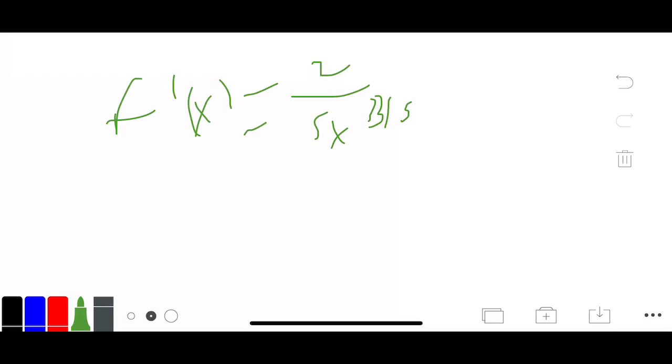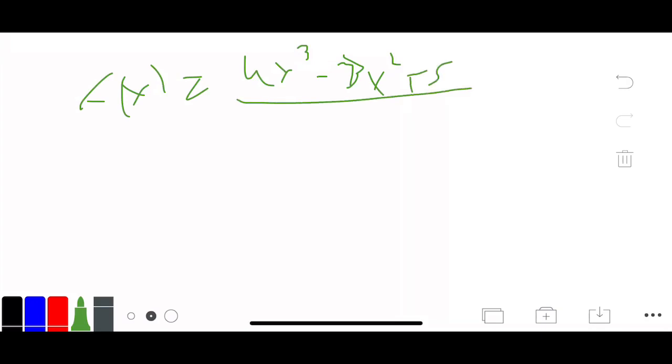Okay. And then the third one is short division. So basically, you have your equation. So let's say you have f of x equals (4x cubed minus 3x squared plus 5) over x.